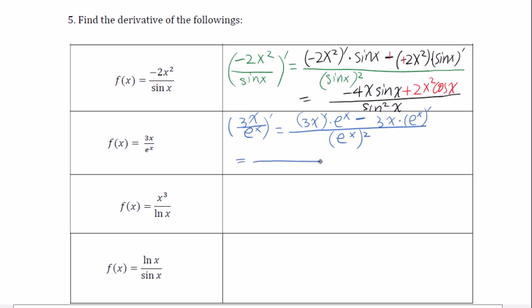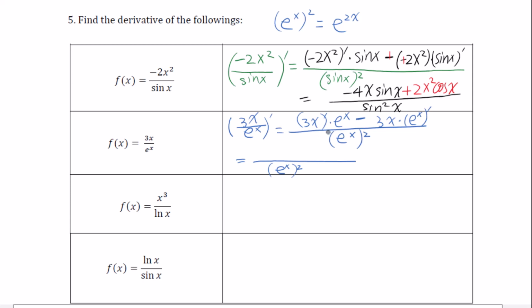We know e to the x power squared can be written as e to the 2x power according to the power of a power rule.